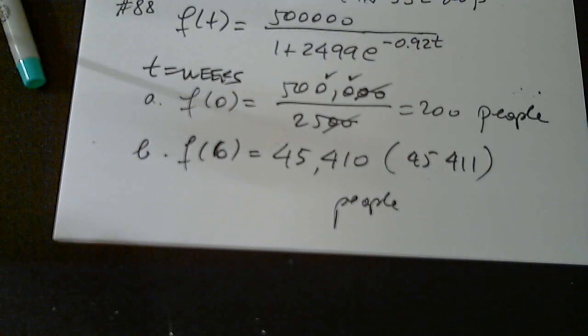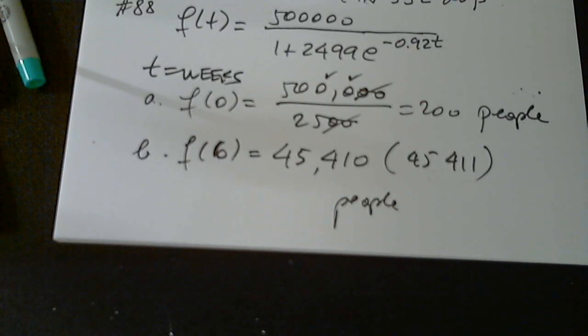Now, the last question is, and I like this question, what is the limiting size of the population? What does it mean that gets ill, that becomes ill? Meaning, okay, we know what happens after 6 weeks. What about after 10 weeks? What about after 100 weeks? What about after 2,000 weeks? If you have any problems with that, you already have the function.